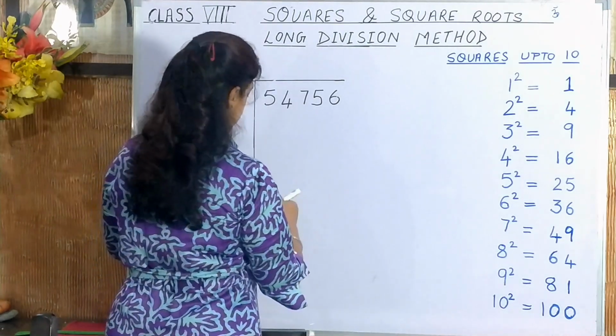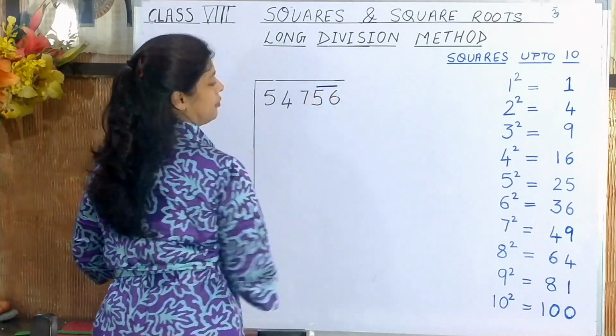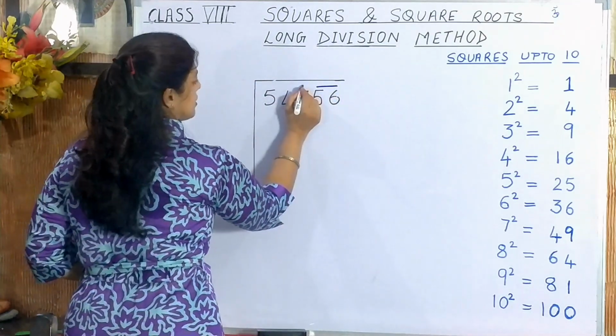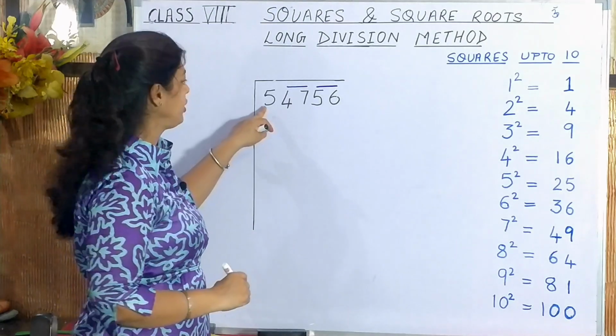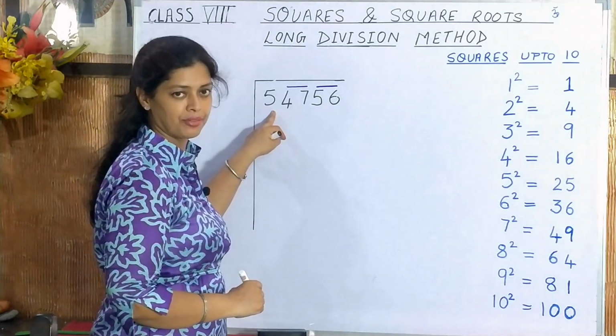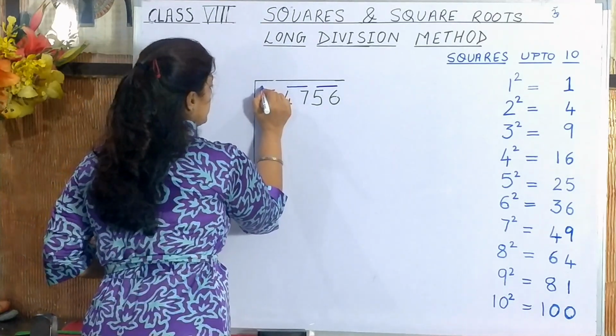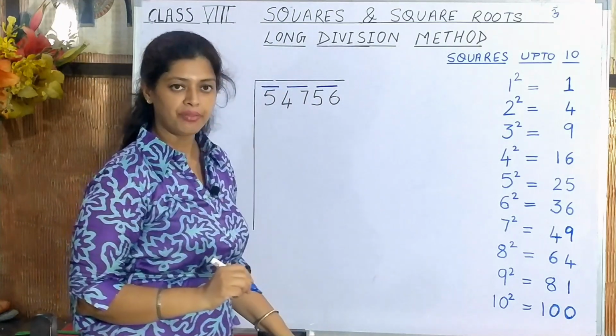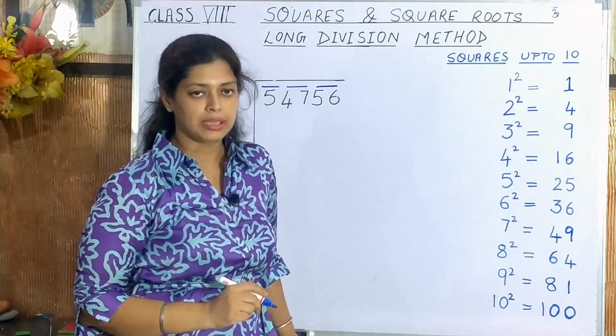So in this case, the first group is 56, the second is 47. Now we are left with a single digit number 5. So the third group is 5, which can be written as 5 or 05. Both are the same.